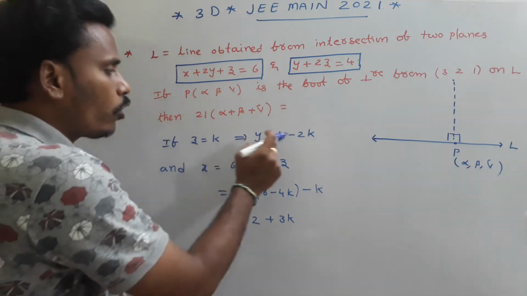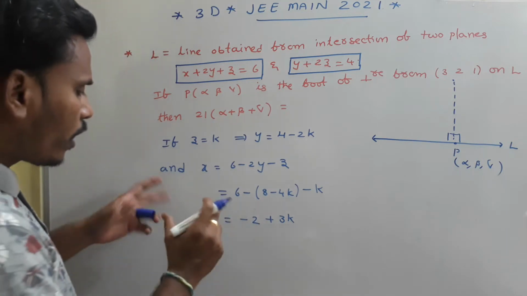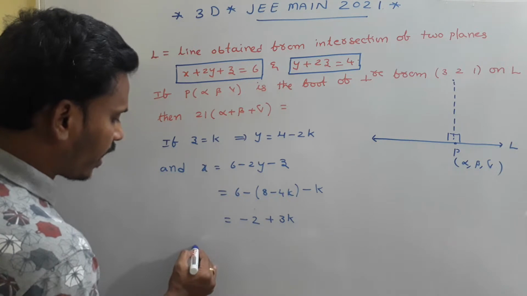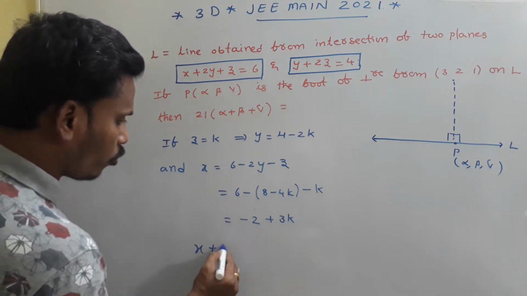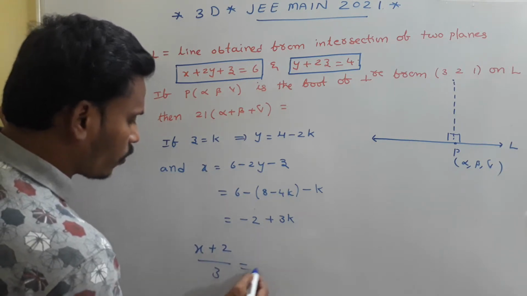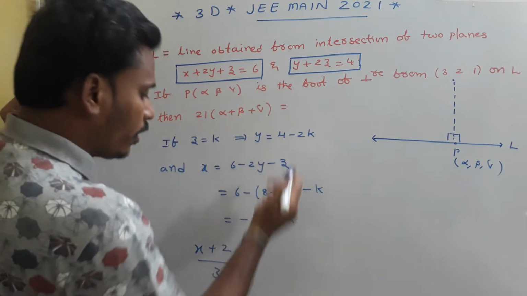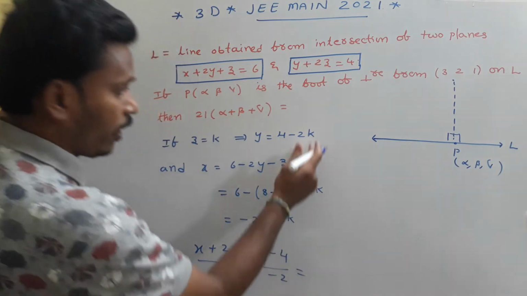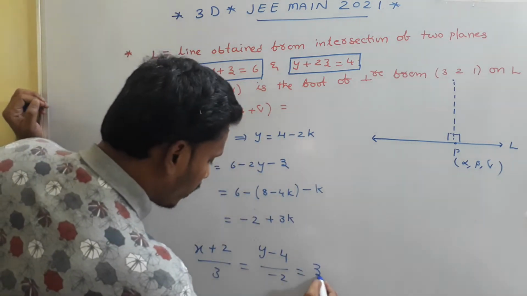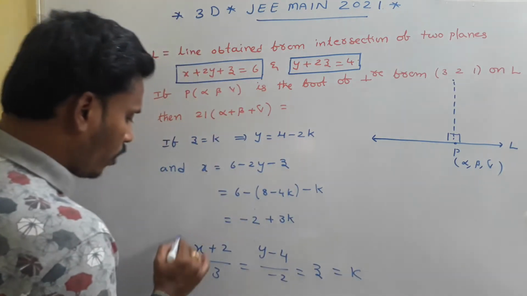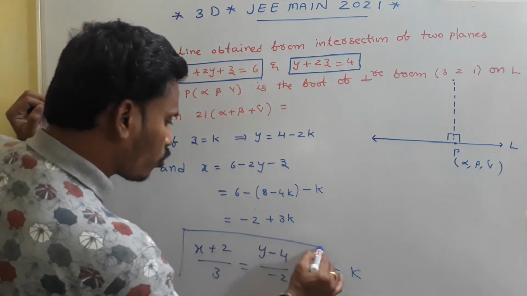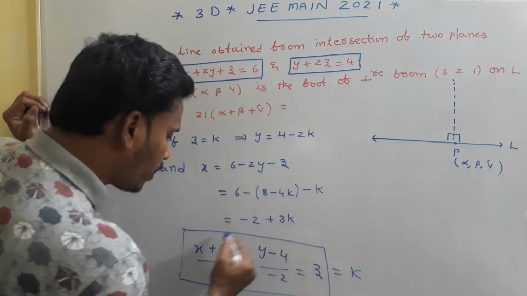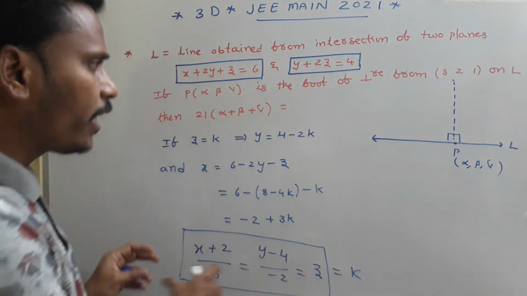So when you observe these three, ఈ మూడింటిని చూసి మనం ఒక జనరల్ లైన్ ఈక్వేషన్ ఫ్రేమ్ చేయొచ్చు. అలా యూ జస్ట్ మేక్ x, y, z యాజ్ సబ్జెక్ట్. x plus 2 by 3 is equal to k, and from here y minus 4 by minus 2 is k, and from here z is k. So x plus 2 by 3 is equal to y minus 4 by minus 2 is equal to z. This is the line equation.